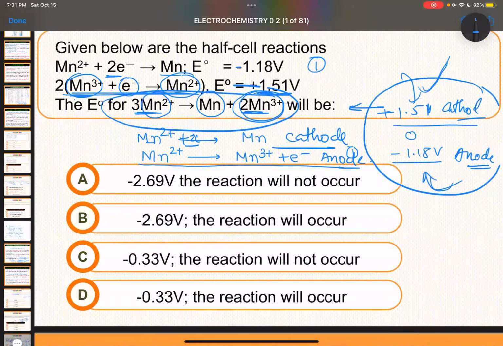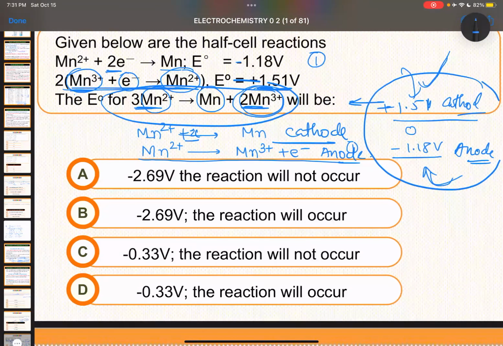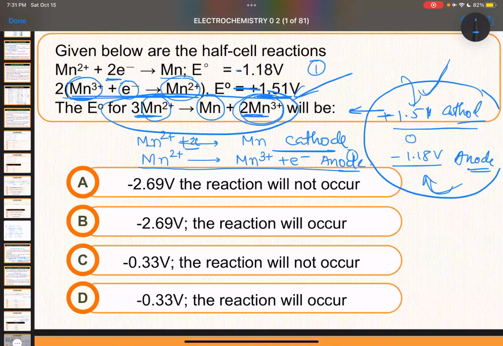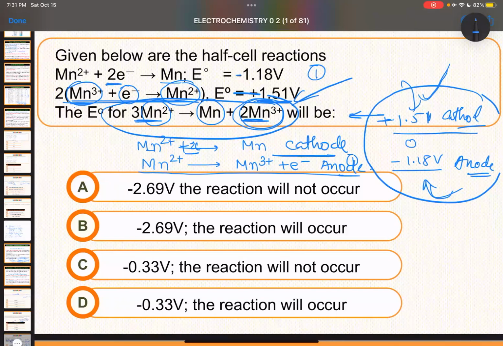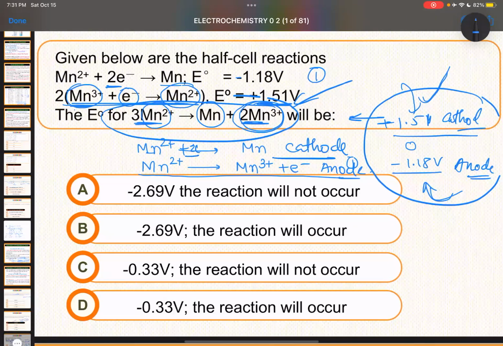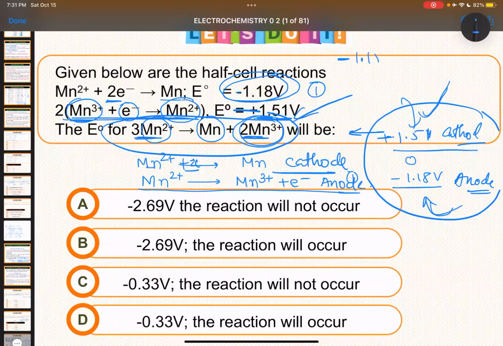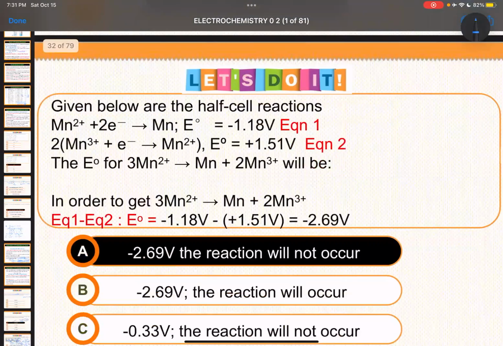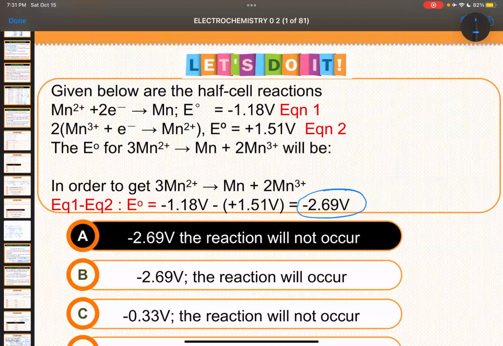So you are going to take the cathode and anode which are given in the equation. Okay. So this is E cathode minus E anode. So minus 1.18 volt minus 1.5. Is it clear? Yes. Okay. So just look at this. So overall, it's going to become negative.